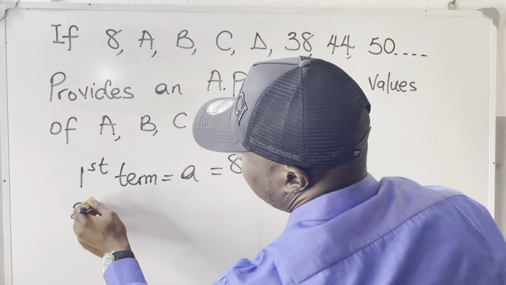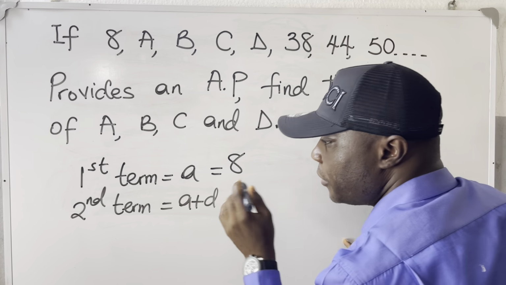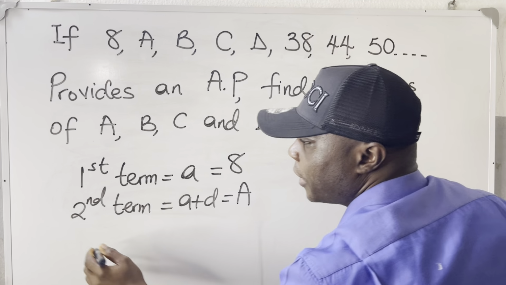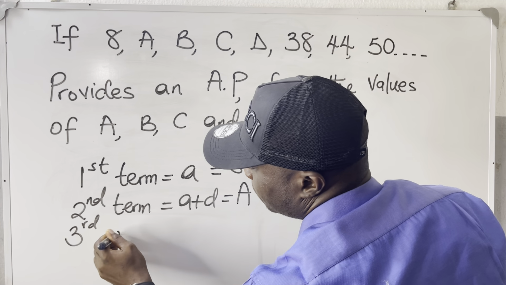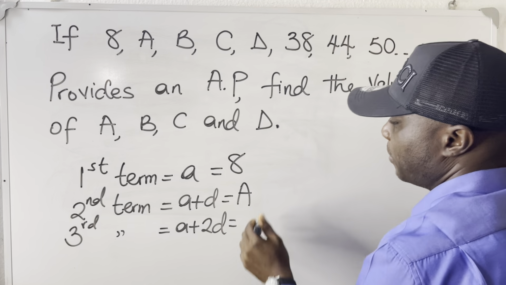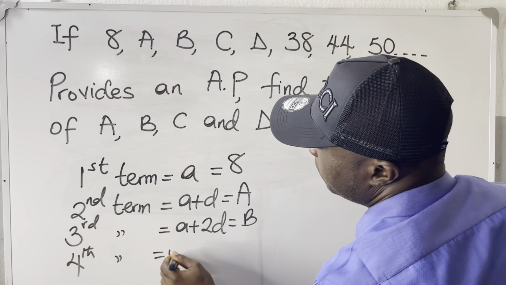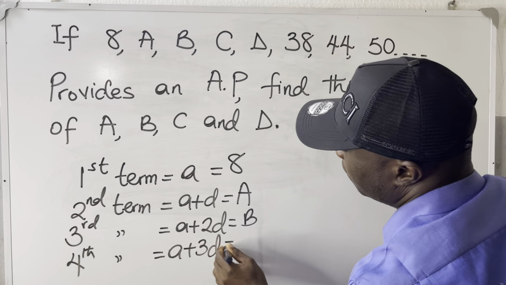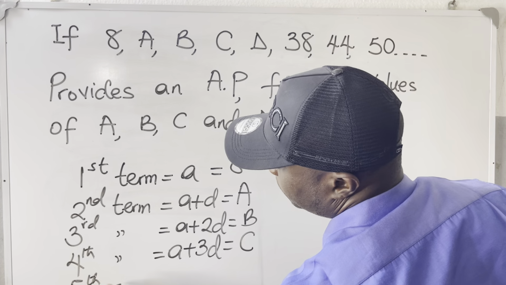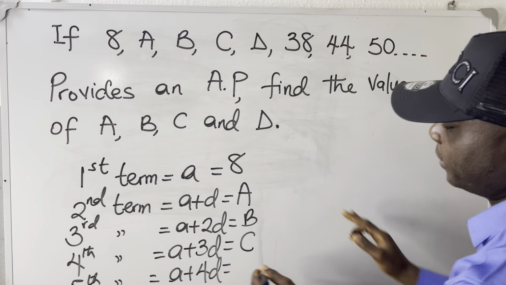Then the second term is a plus d from our formulas, and that is letter A. Then the third term is a plus 2d, and that is letter B. Then the fourth term is a plus 3d, and that's letter C. Then lastly, the fifth term is a plus 4d, and that's letter D.